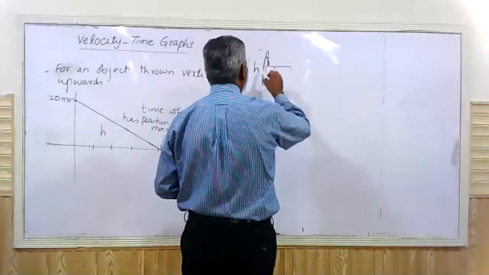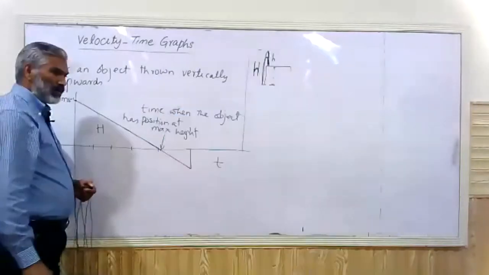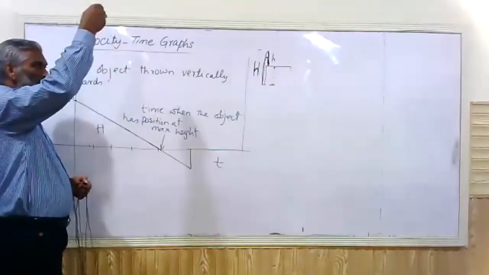Capital H is the height to which it rises, the maximum point, the position where it comes to rest. Then it starts falling, but it falls only through a height labeled by a small h. The height of the building is the difference of these two. So capital H minus small h gives me the height of the building.